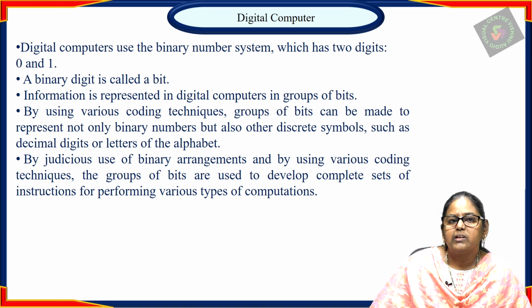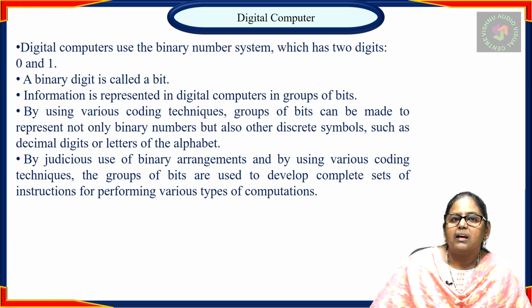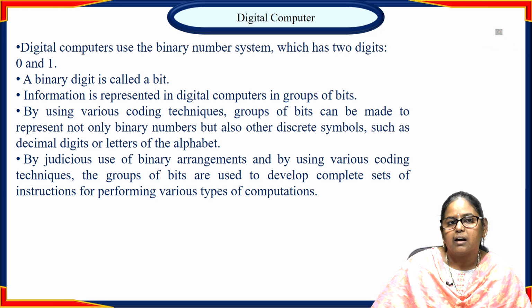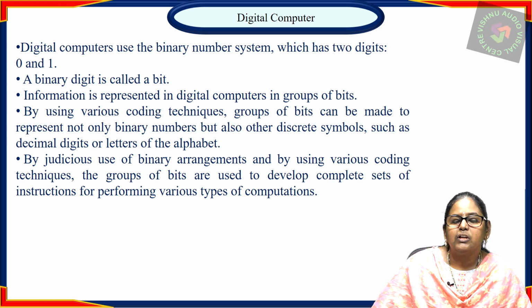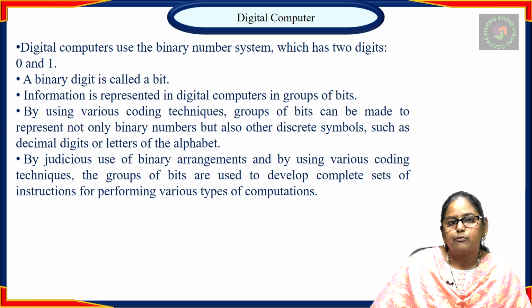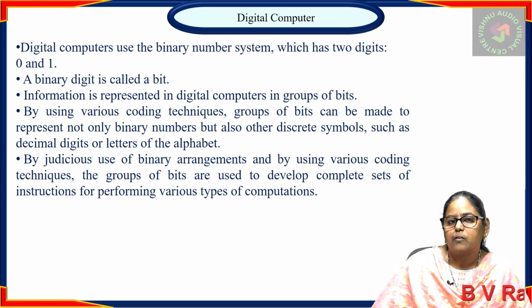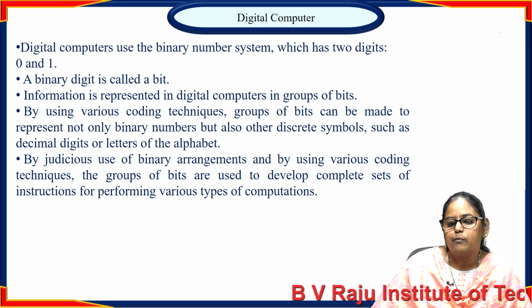This group of bits is not only used to represent numerical values like decimal numbers, it is also used to represent alphabets, small letter alphabets or capital letter alphabets. So here we use a group of bits to represent the decimal numbers and also the alphabets, and those sets of bits can also be used to represent a set of instructions.